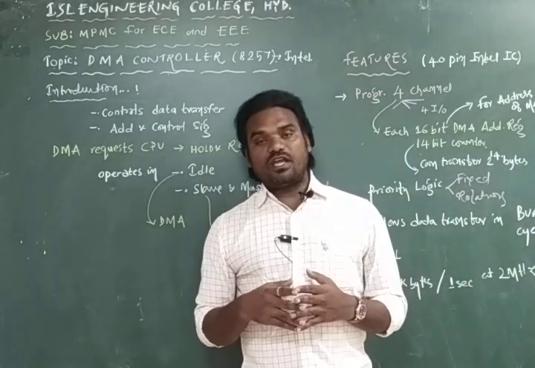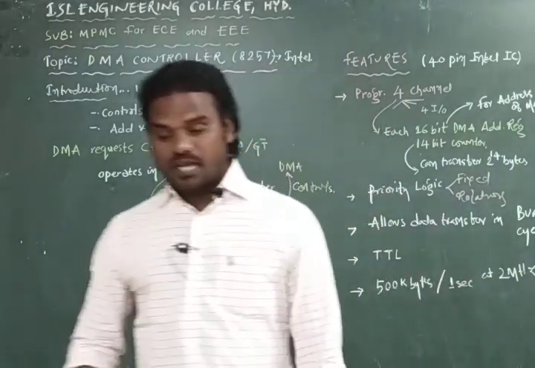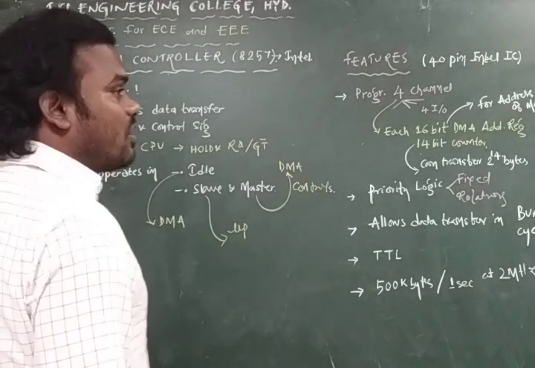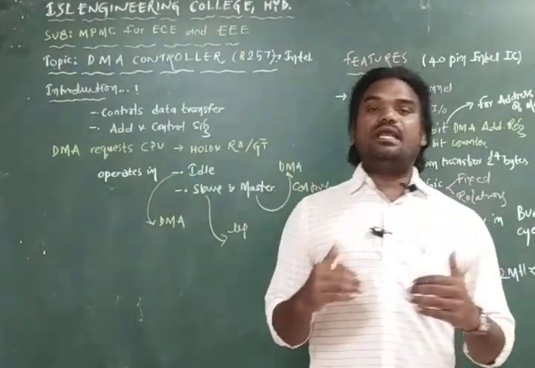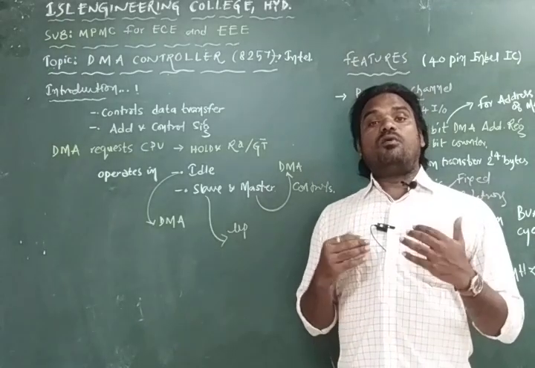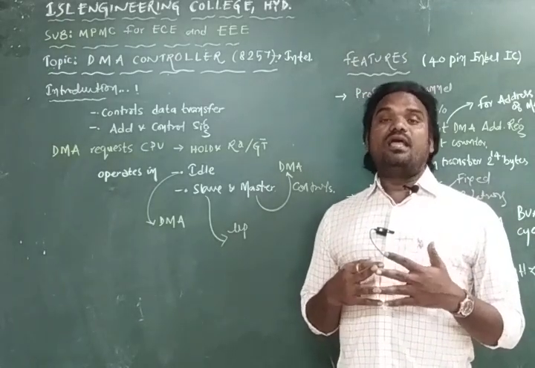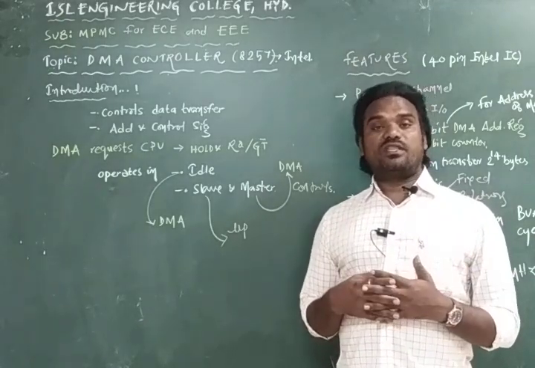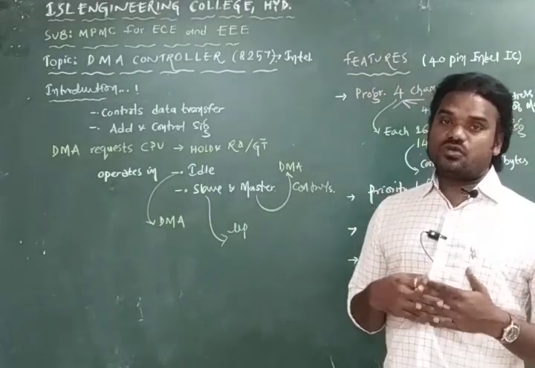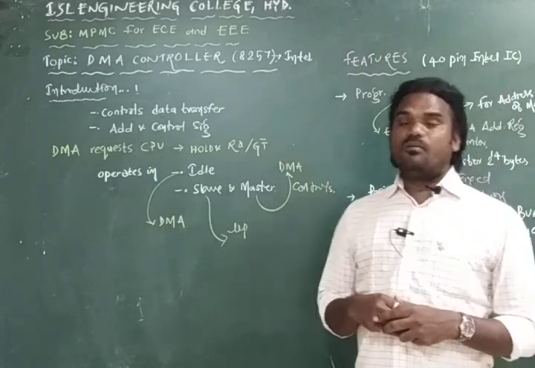In the first unit we discussed that the microprocessor can be operated in the minimum mode and the maximum mode. In the minimum mode only one processor is needed to accomplish the work, whereas in the maximum mode more than one processor is needed and they have to be interfaced together, then only the specific work can be accomplished. That is the maximum mode of operation.